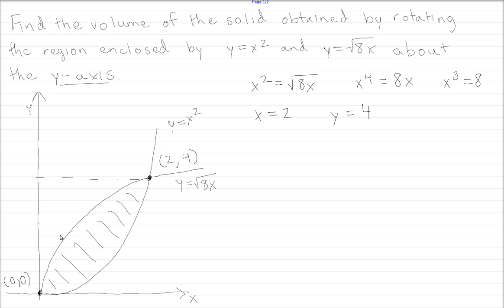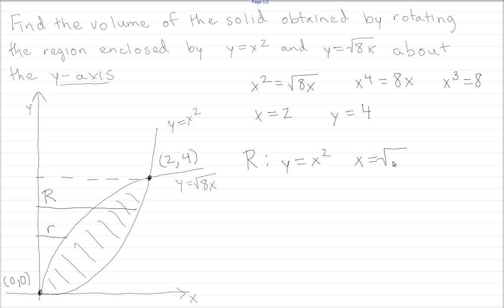So when we're doing our washers, we're going to have two radii. The little radius here I'm going to call little r, and the bigger radius I'm going to call big R. So big R comes from the curve y equals x squared. Now since we're rotating about the y-axis, we want to solve for x and get everything in terms of y.